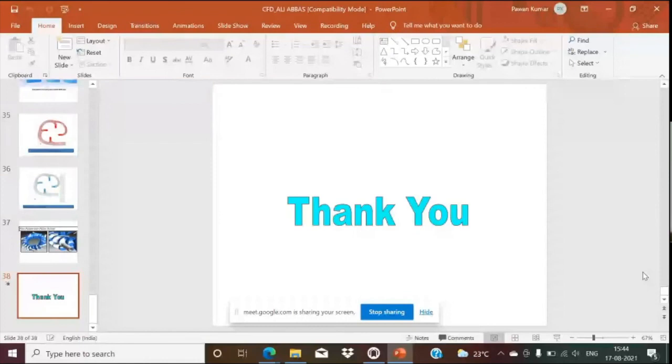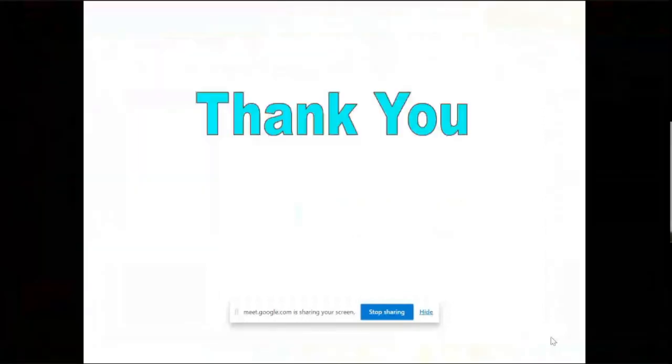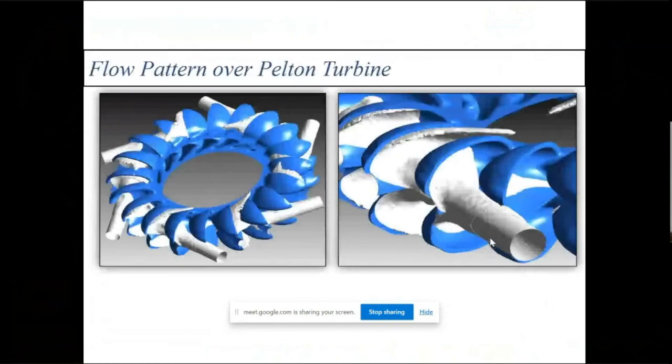Suppose I take an example here. If you are making a mesh of any particular turbine, you make a mesh of suppose 2 million nodes, then 4 million nodes, and 10 million, 20 million.